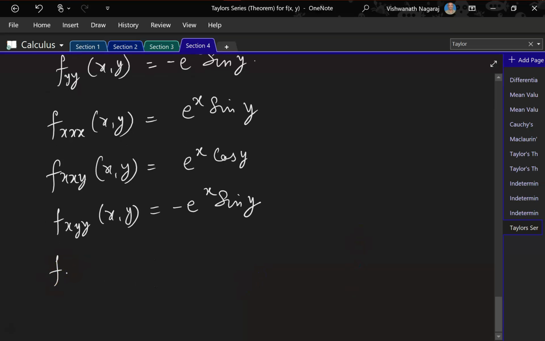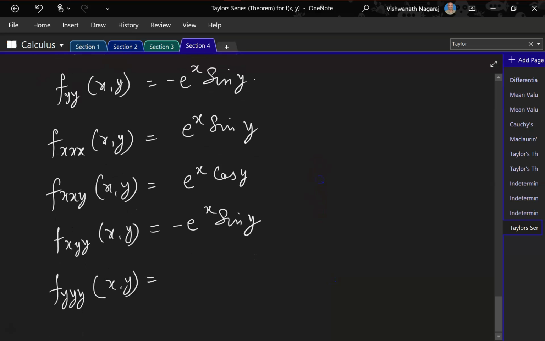And finally f_yy(x, y) equal to, now we'll take f_y and differentiate it again with respect to y partially. So here we have e to the power of minus e to the power of x sine y. So this becomes minus e to the power of x sine y.